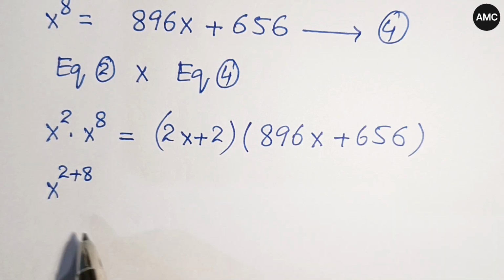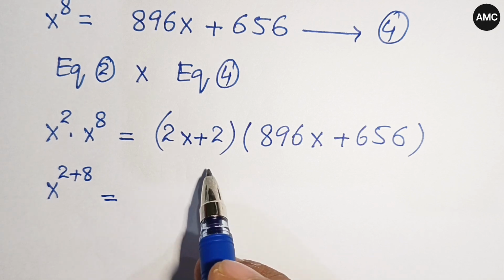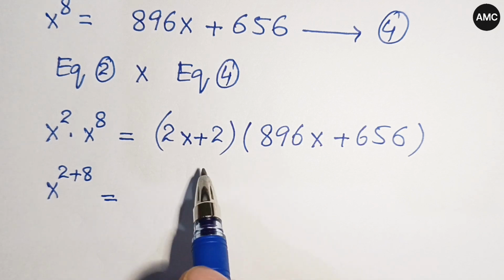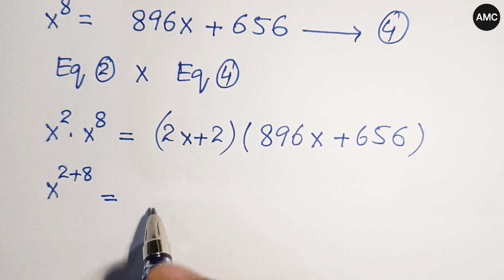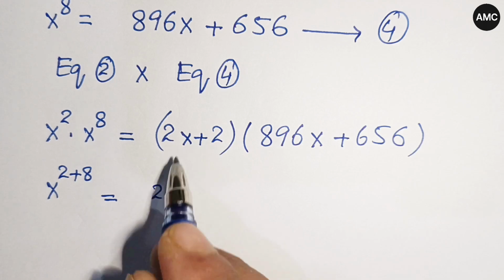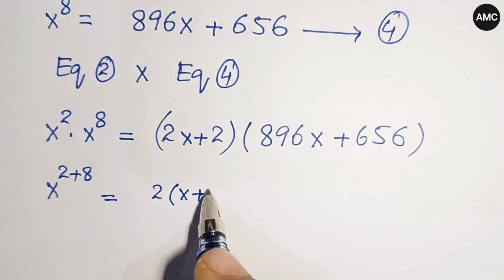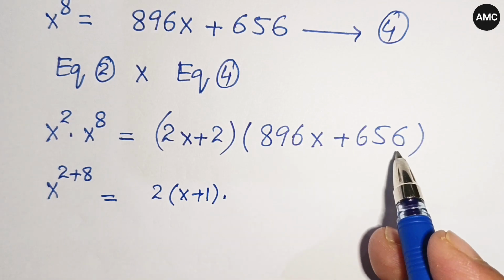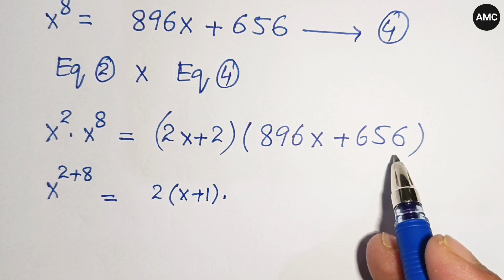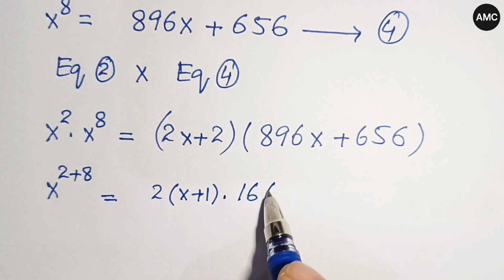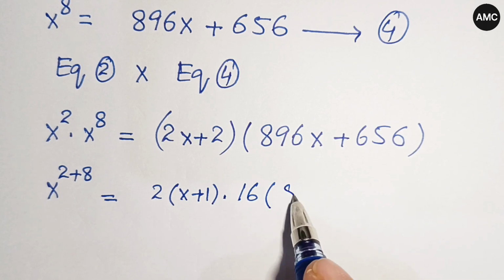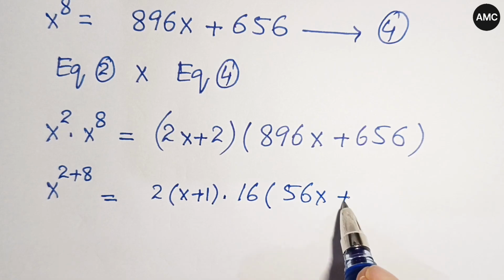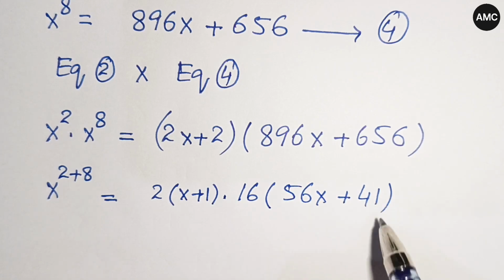So here we have, it is equal to, now multiplying this one, if we just take 2 common here, then we get x plus 1 times 896 and 656. If we take 16 common, then we get 56x plus 41.